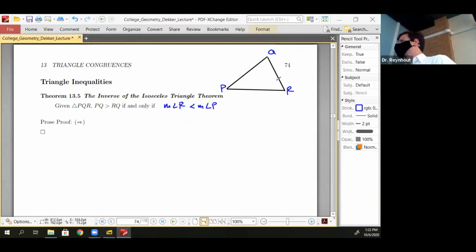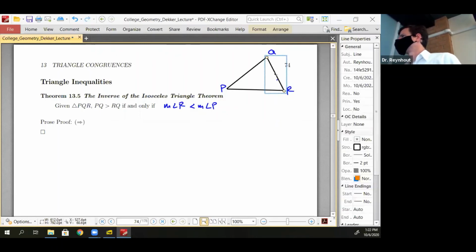Let's do this a little bit differently. I need PQ to be longer. Oh, that was already longer than RQ. Oh man, here I am changing things that didn't even need to be changed. Okay, so I think that's clear enough that PQ is longer than RQ.